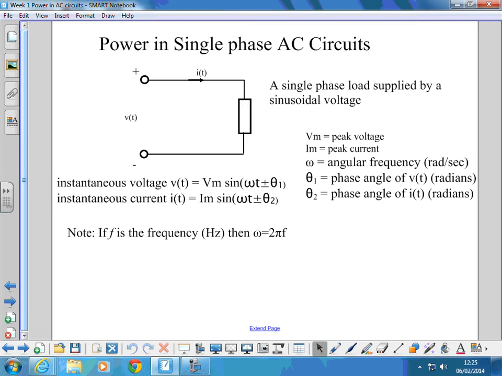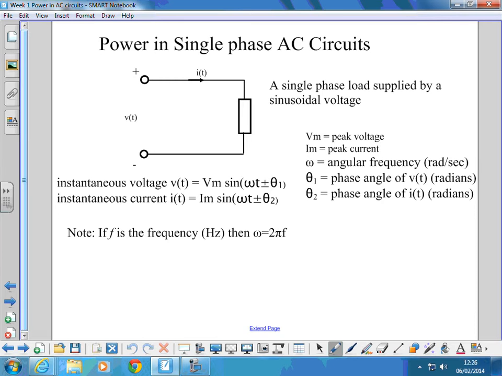For either of those two formulas, Vm or Im are the peak voltage or current respectively, and omega is the angular frequency in radians per second. The other way of expressing that in terms of the frequency in hertz is that omega is 2 pi f.